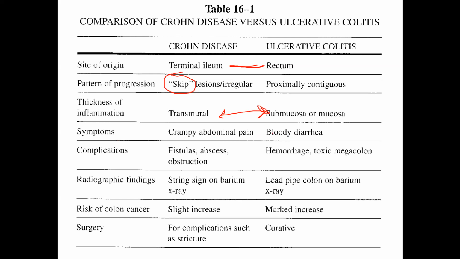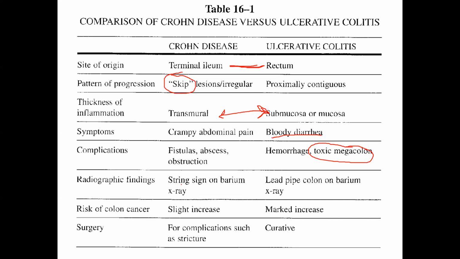Symptoms, both could technically have bloody diarrhea, although it's more associated with UC. Complications, toxic megacolon is one that they like to ask about in association with ulcerative colitis. So knowing that's a complication can be helpful, versus fistulas, abscess, or obstruction with Crohn's.